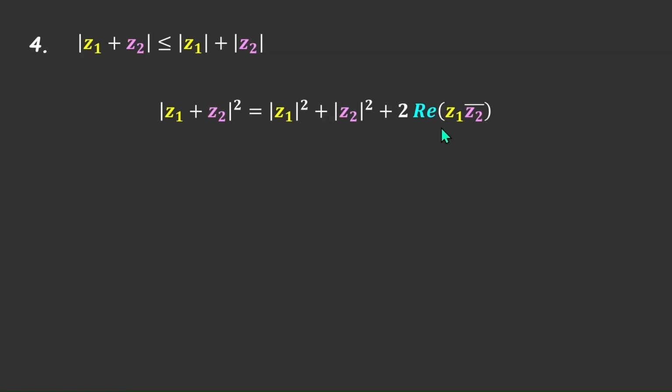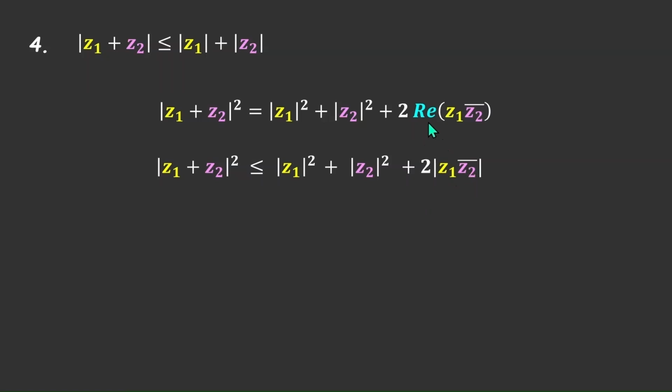Now we also saw in the first property itself that the real part of a complex number is always less than or equal to the modulus of the complex number. So we can write this as, if this is the expansion of mod of z1 plus z2 whole square, then mod of z1 plus z2 whole square should be less than or equal to mod of z1 square plus mod of z2 square plus 2 times mod of z1 into z2 conjugate.